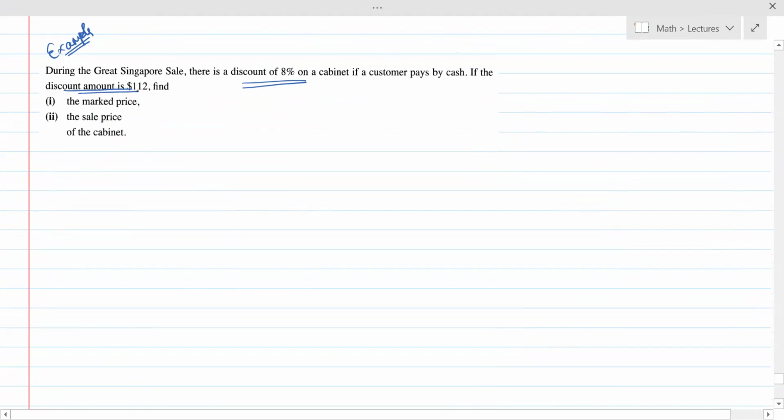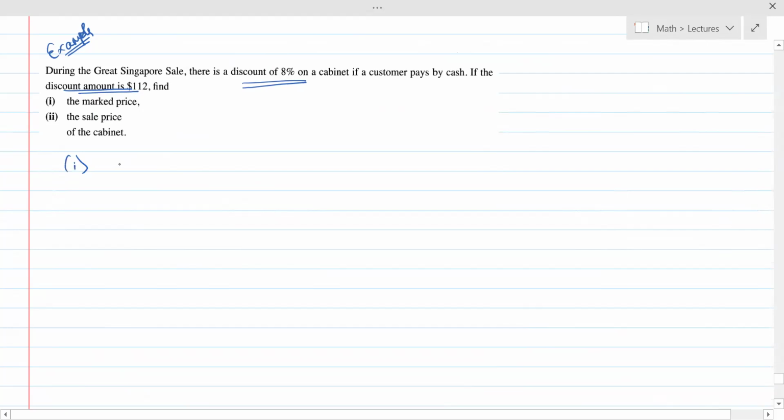So again, we'll go for the ratio method. The ratio method is very flexible, and this can be applied in any of the percentage related concepts. So we have to find the mark price here.